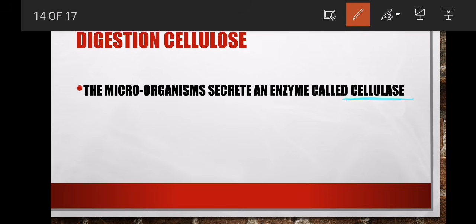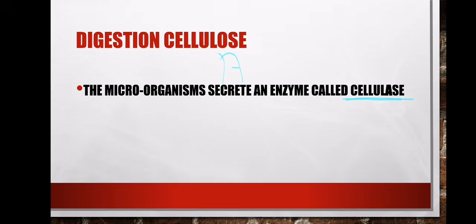Instead of cellulose, you just replace the O with A. So the microorganisms will secrete an enzyme called cellulase. This enzyme will digest the cellulose. They will digest the cellulose into what? They will digest the cellulose into 2 fermentation gases and also into 3 volatile fatty acids.